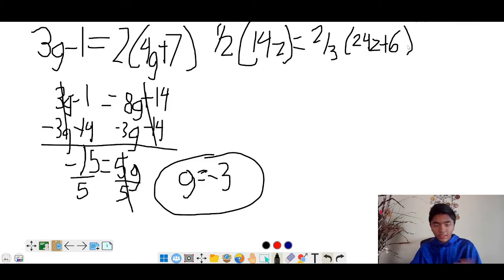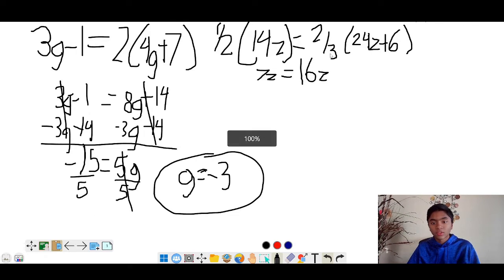So just like last time, we're going to first distribute out. So 1/2 times 14z is just 7z, and this is equal to 2/3 times 24, which is 24 divided by 3, which is 8, multiplied by 2, so 16z. And then plus 6 times 2/3 will give us, so 6 divided by 3 is 2, 2 times 2 is 4, so plus 4.